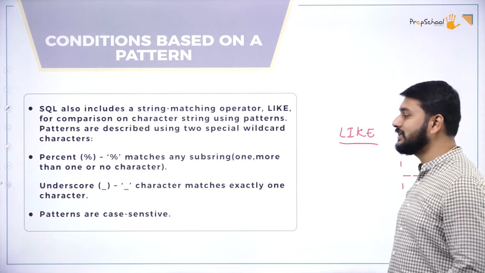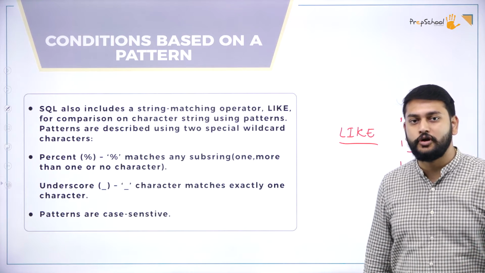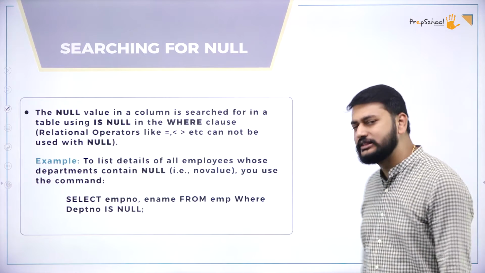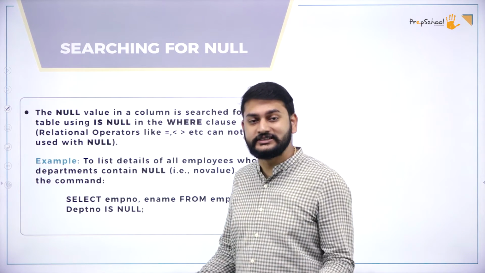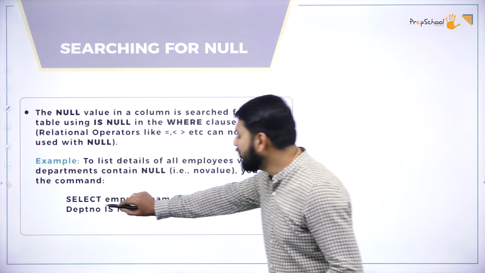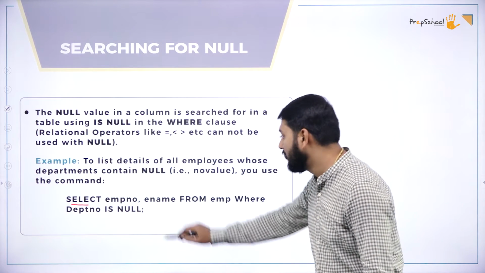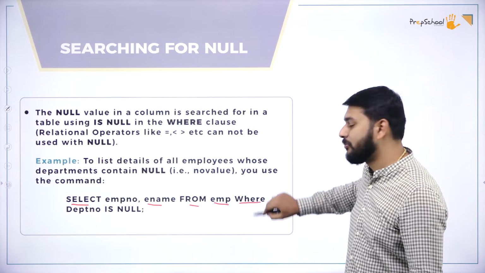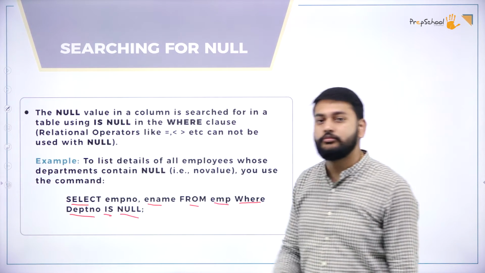I have explained this in detail in the SQL revision tour also. So moving on to the next one, I have searching for NULL. This is the last slide for all of you. So how exactly is this working, please understand. I will be writing SELECT employee number, ename from the employee table, where my condition is department number IS NULL.